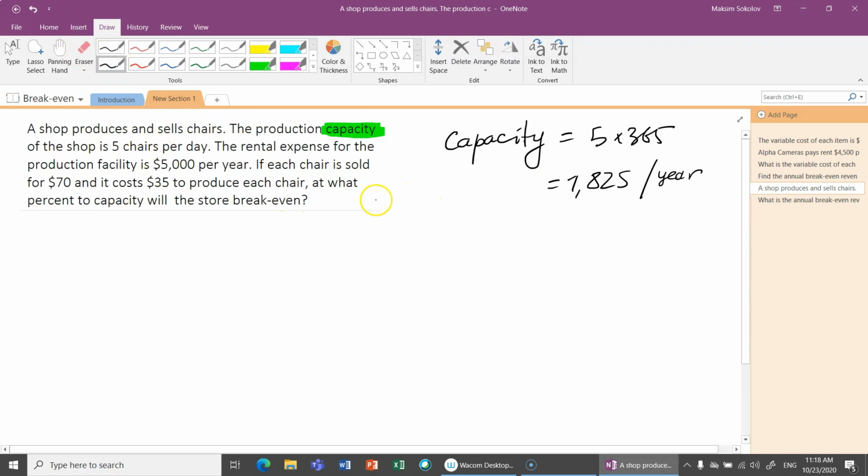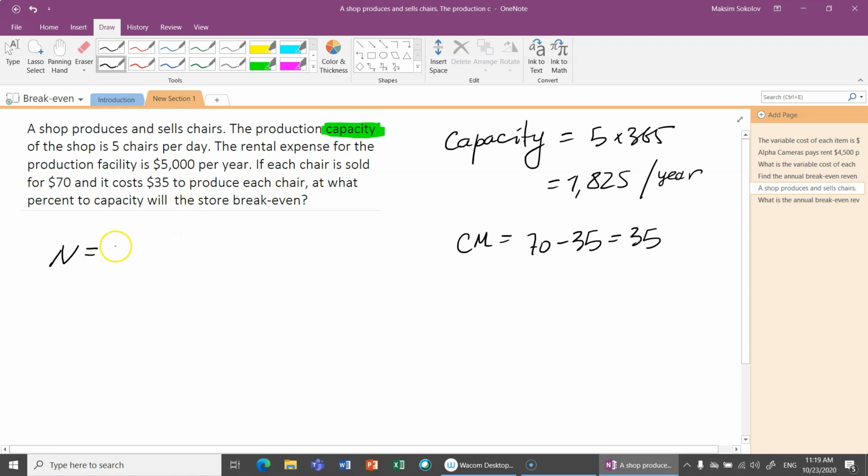Now, each chair is sold for $70 and costs $35 to produce. It means that the contribution margin is 70 minus 35, which will be $35. And now we are ready to find the break-even number.